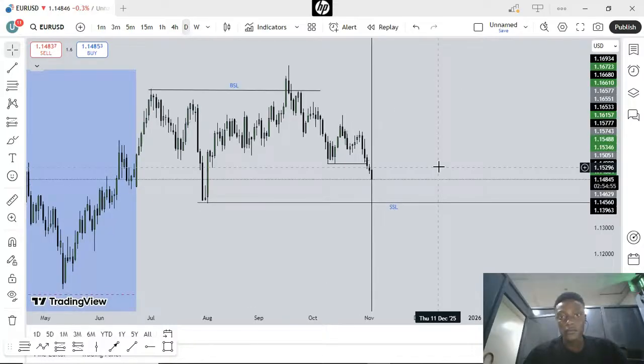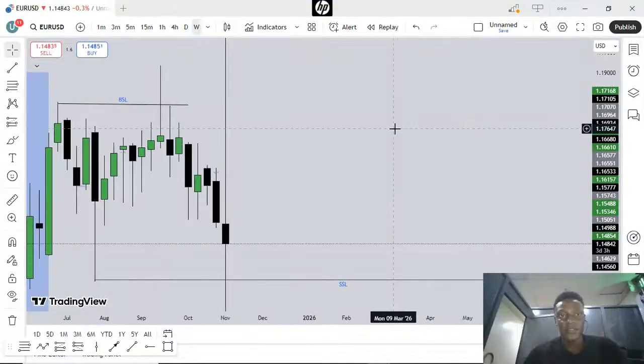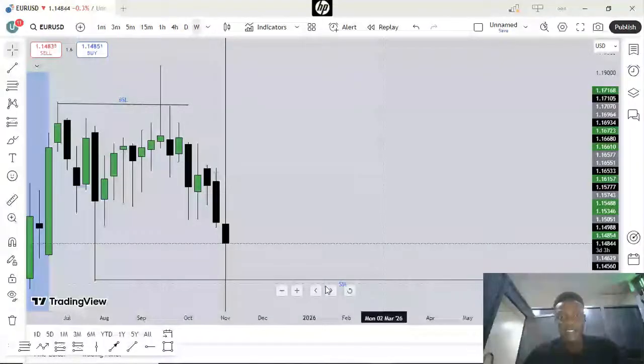So we have these lows, sell side liquidity to be taken out. For the next 1 to 2 weeks, until on the weekly time frame this sell side liquidity is taken out, I am still going to be expecting more sells on EUR/USD.